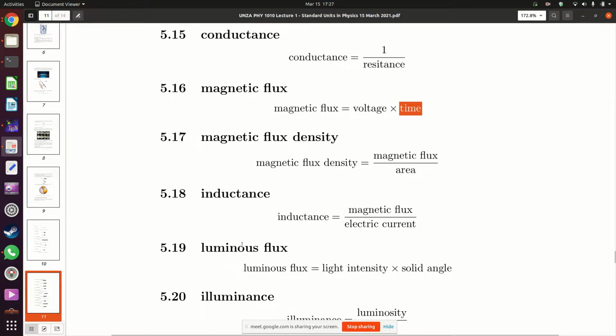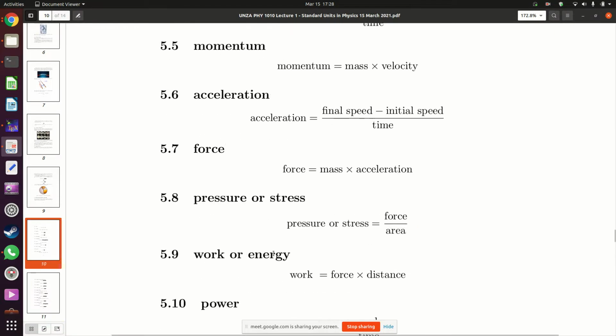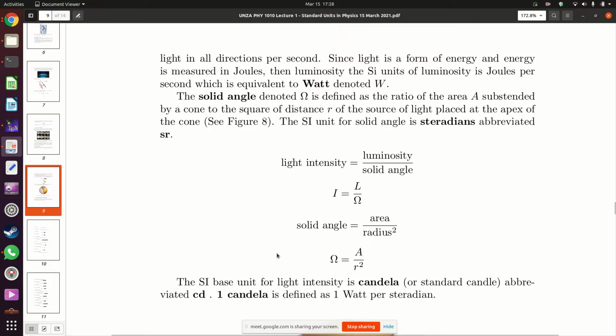Then this quantity, luminous flux or luminosity: luminous flux is equal to the light intensity multiplied by the solid angle. This luminous flux is the same as the luminosity which we have here. Light intensity is equal to luminosity divided by solid angle.